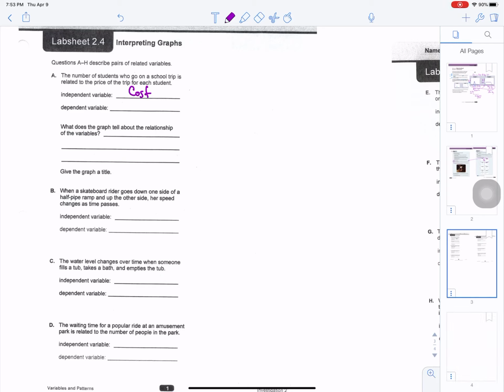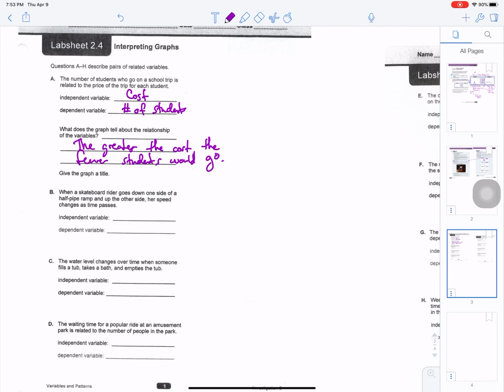The dependent variable would be the number of students going. What does the graph tell about the relationship of variables? It says the greater the cost, the fewer students would go. I guess that's not a great way of saying it, but it's generally what it is.